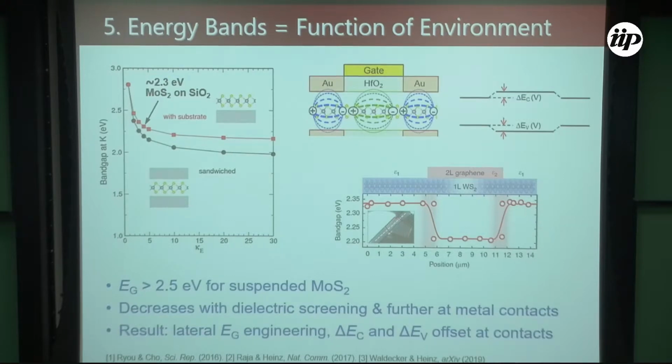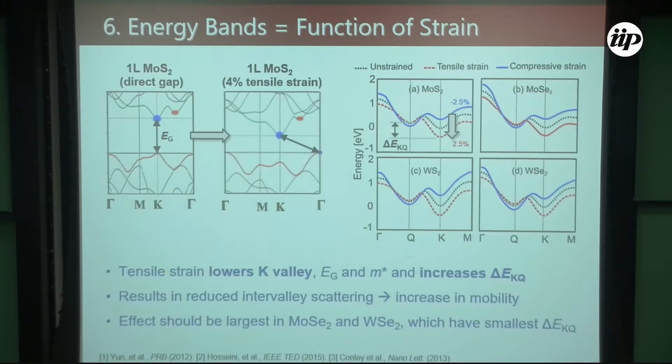This is great for lateral band gap engineering, which is what these papers claim. But it's definitely something we have to keep in mind for electronic devices. I only learned this in the last year or so, and I've often wondered what's happening in our transistors.